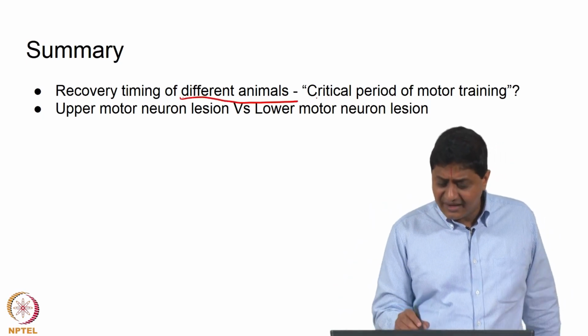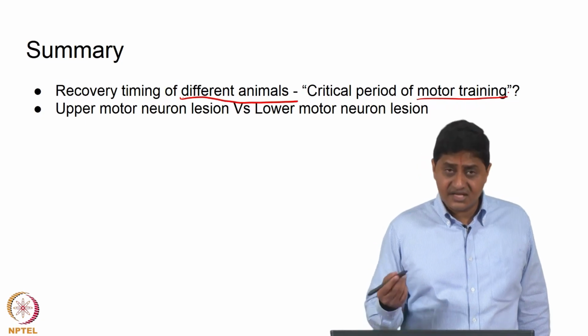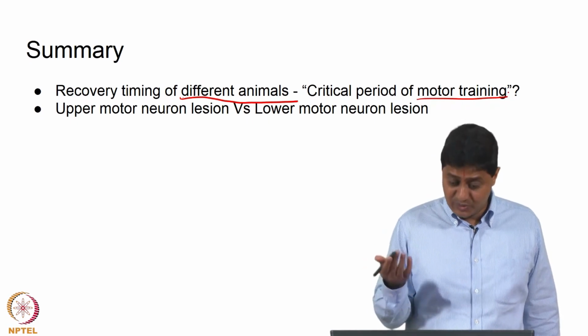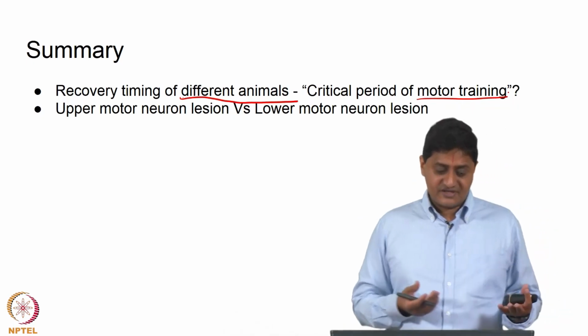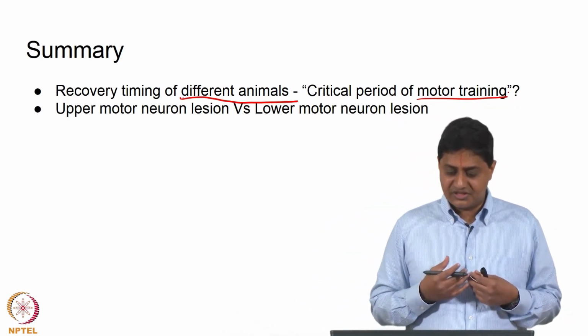We have asked the question, is there a critical period of motor training for rehabilitation? The answer is yes, there is. And how to identify that? That's the $1 question that we need to answer. And we have compared the effects of upper motor neuronal lesions and lower motor neuronal lesions.